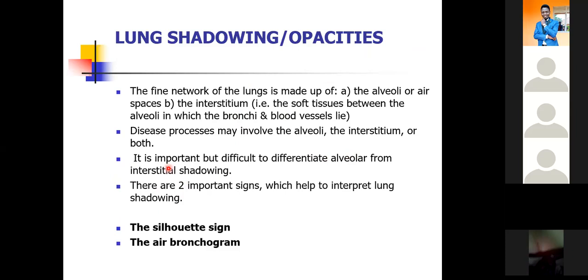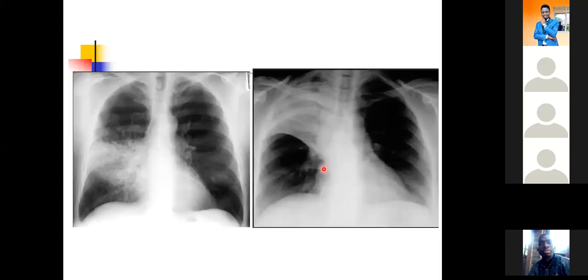So these two signs are listed down here: silhouette sign and air bronchogram. We're going to look at some images to help us drive it home. We have two chest radiographs. One of them we're going to use to illustrate a silhouette sign, and the other one we shall use to illustrate air bronchograms.